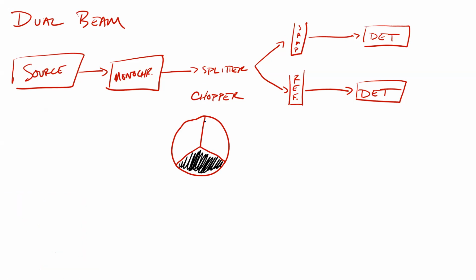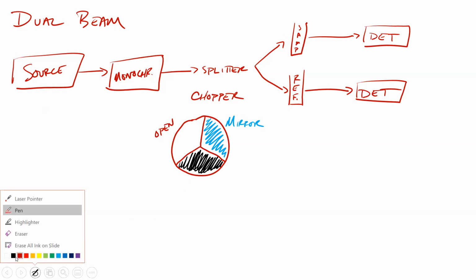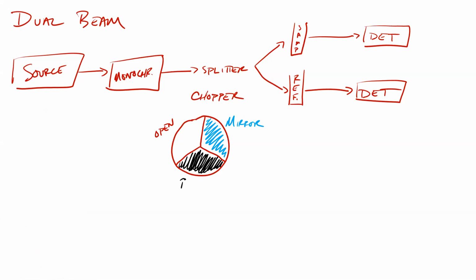I don't know, blue. One's a mirror, to, you know, direct the light to the sample, for example. And then the last third is just open, so that it can go to the reference in this case.